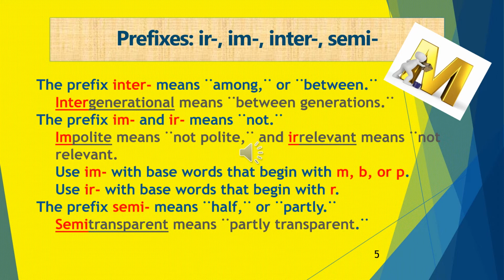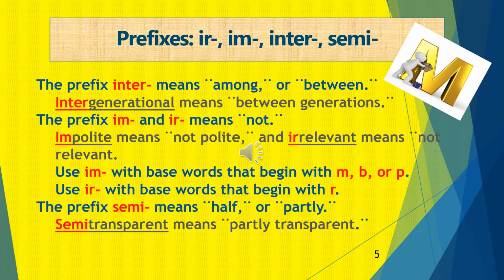For example, the word perfect starts with the letter P, so you are going to use the prefix im, and the word is going to be imperfect.